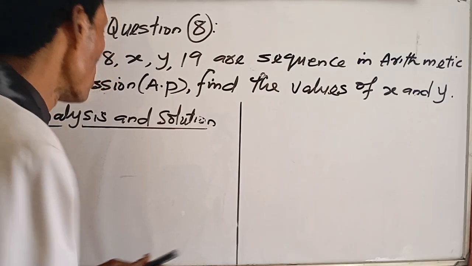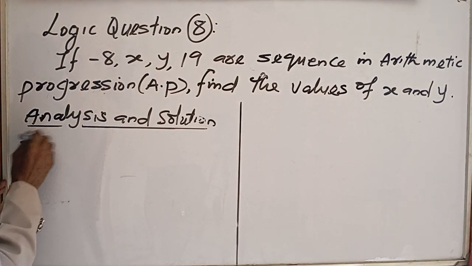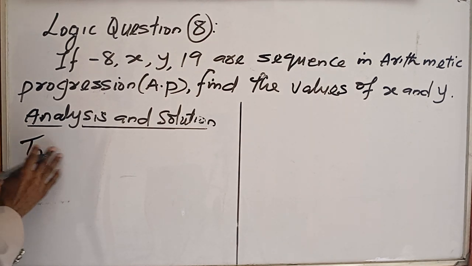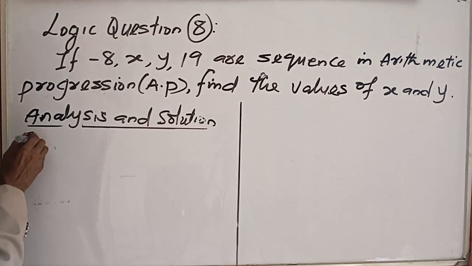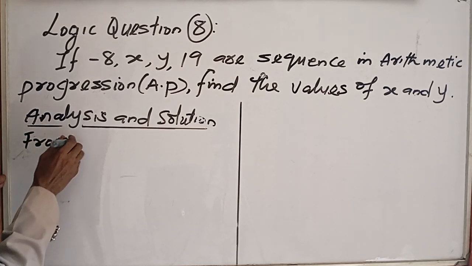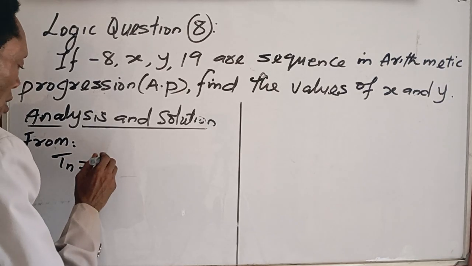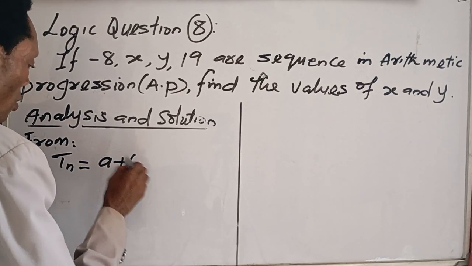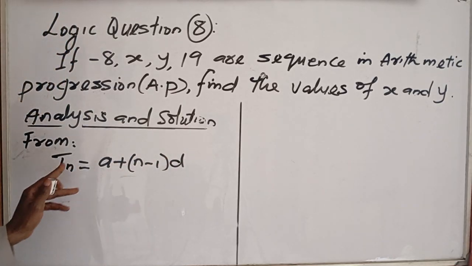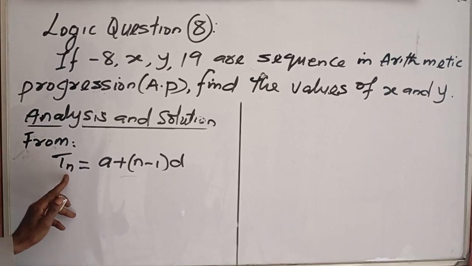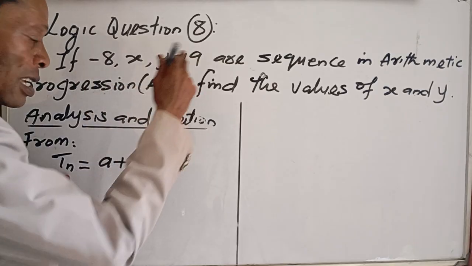The formula is Tn equals a plus open bracket n minus 1 close bracket d.